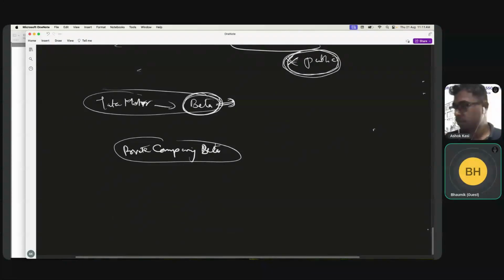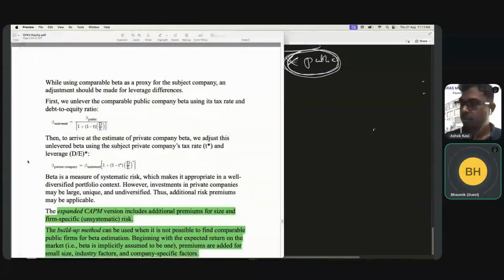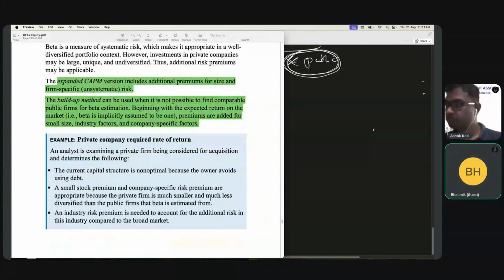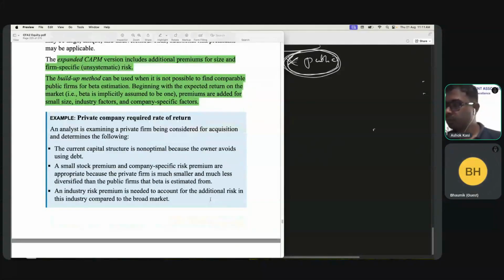Okay, got it. Then expanded CAPM and the build-up method. The expanded CAPM version includes additional premiums for size and firm-specific unsystematic risk.